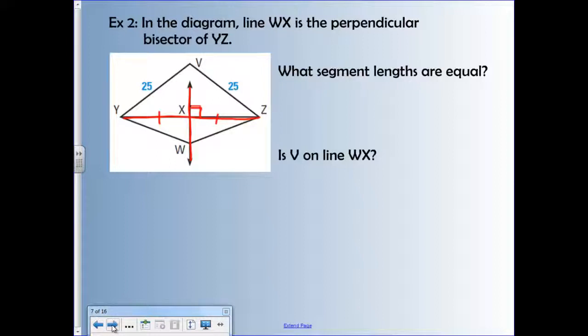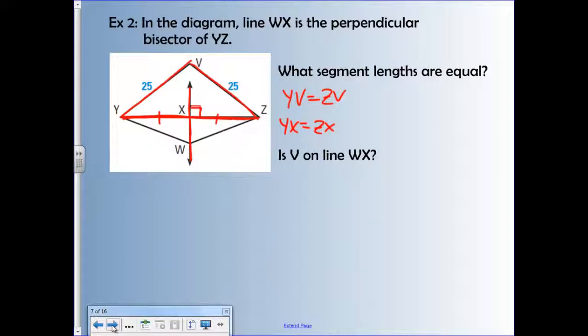So how do we name this segment right here? YV is equal to ZV. And I like the order you guys put that in because my Z's are last. They have to correspond. They have to match up. YX is equal to what? ZX. And again, I am going to be picky on you. Your X's must go last.